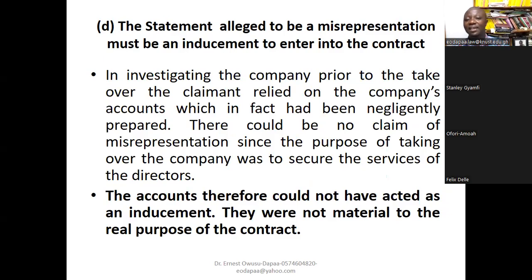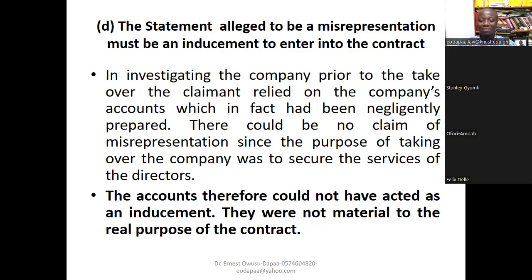Now, in investigating the company prior to the takeover, the claimant relied on the company's accounts, which in fact had been negligently prepared. There could be no claim of misrepresentation since the purpose of taking over the company was to secure the services of the directors. And for that matter, the court was of the view that the accounts could not have acted as inducement. They are not material to the real purpose of the contract.